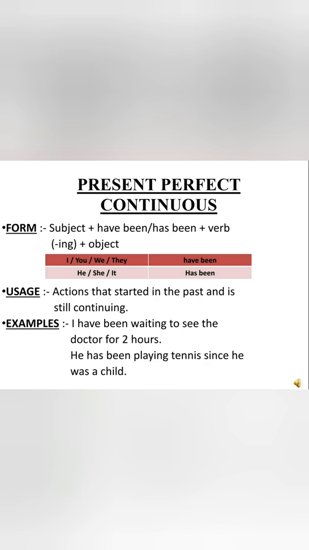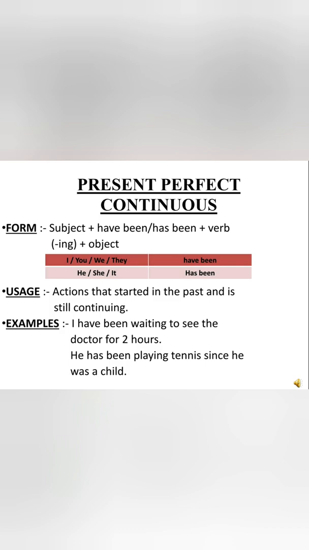I have been waiting to see the doctor for 2 hours, and he has been playing tennis since he was a child. In the first example, I have been waiting to see the doctor for 2 hours means I came 2 hours ago and I'm still at the present moment waiting to see the doctor. So this talks about an action that I started in the past, but the end has not yet come.